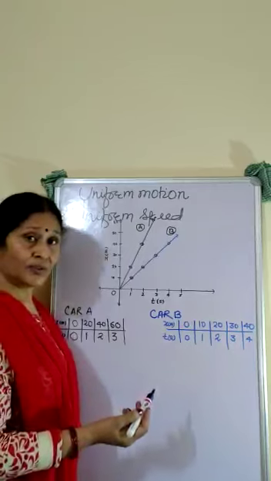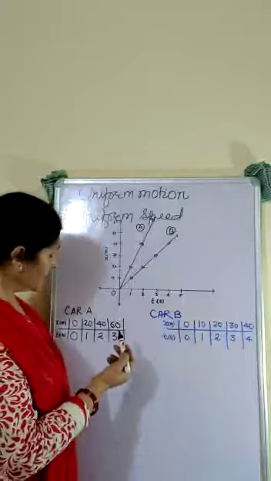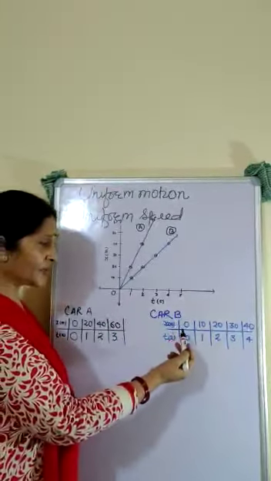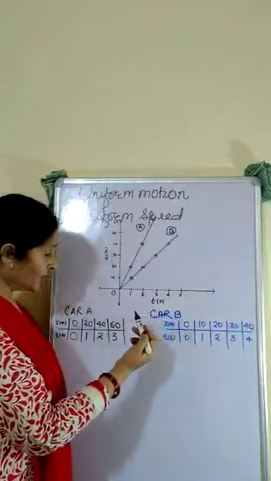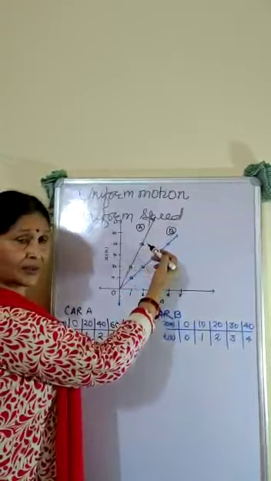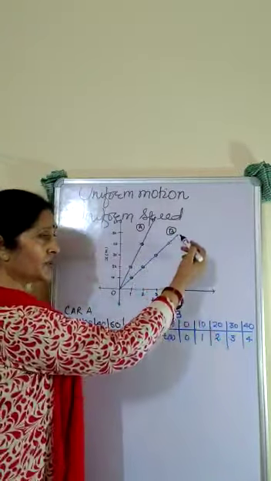This is a question based on the slope of the graph. Here the information is for car A and the information for car B is here. On the basis of this information, graph A is plotted here, and on the basis of this information, graph B is plotted here.